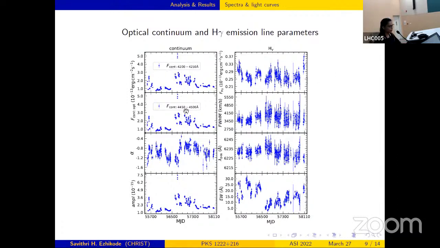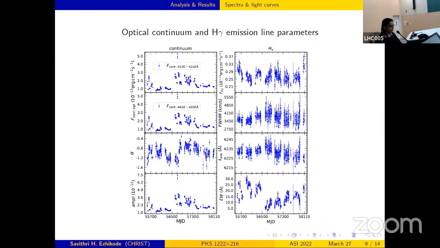These two panels show the continuum emission for a narrow region local to this H gamma emission line, the power law index as well as the amplitude of the power law. And here, this shows the Gaussian flux, that is the H gamma emission line flux, and the FWHM of this emission line, and also the position and the corresponding equivalent width of this emission line, showing the variation of the equivalent width over this time span.